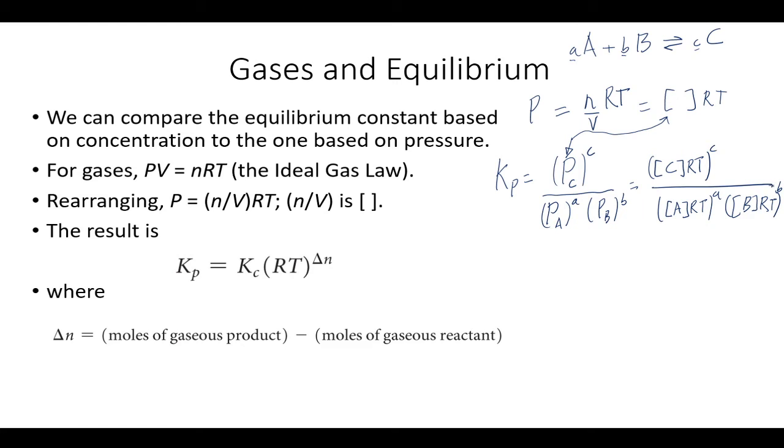And right on brand, I'm running out of room on the edge of the screen. If only I had used any of this blank space right here. Oh well, next time. So now that we have this written for concentration, I could factor out all of these RTs.